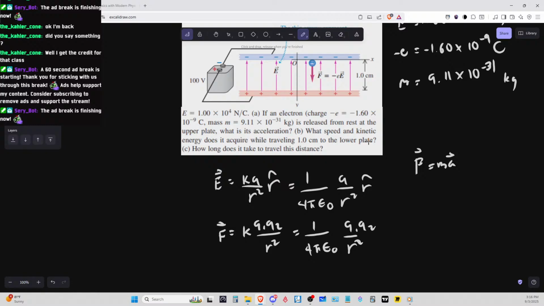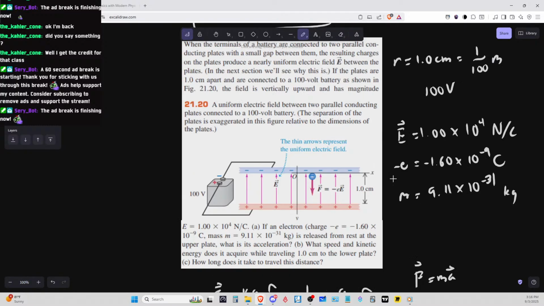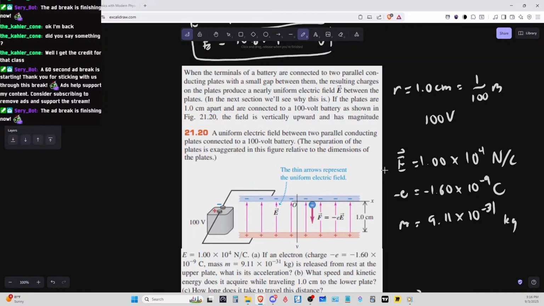Kinetic energy is equal to the charge multiplied by the magnitude of the electric field. I'm just letting myself struggle. Maybe struggle is not the right word.